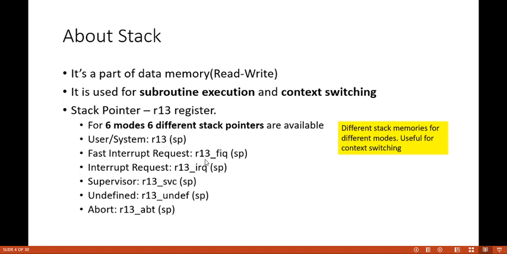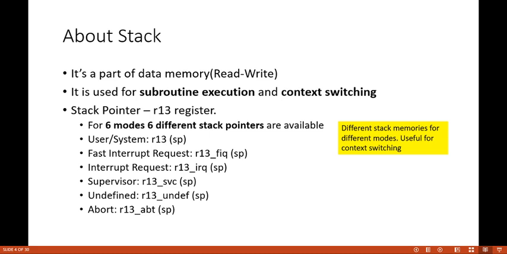For FIQ it is R13 underscore FIQ. For interrupt request it is R13 underscore IRQ. For supervisor it is R13 underscore SVC. For undefined it is R13 underscore undefined. And for abort it is R13 underscore ABT.